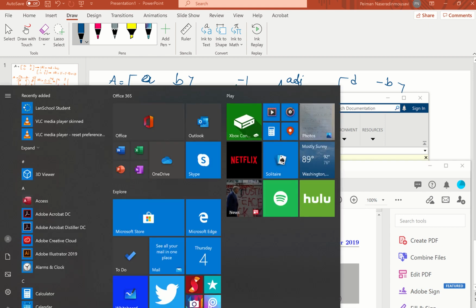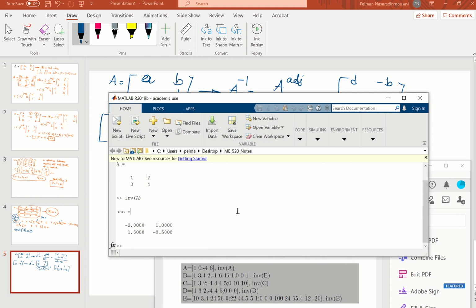As a practice, guys. A is 1, 0, minus 4, and 6. If I say inv of A, you're going to have this number. Then B is 1, 3.4, and 2, 3 by 3, 1, 6.45, and 1, and 0, 0, and 1.